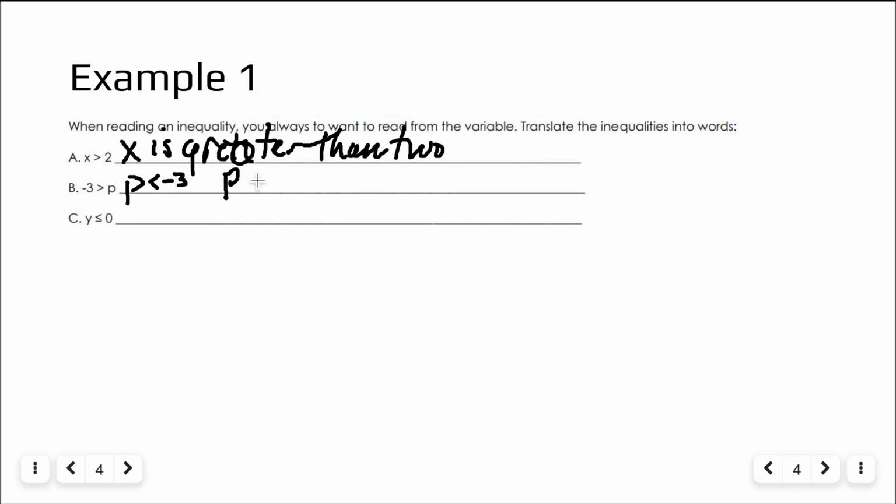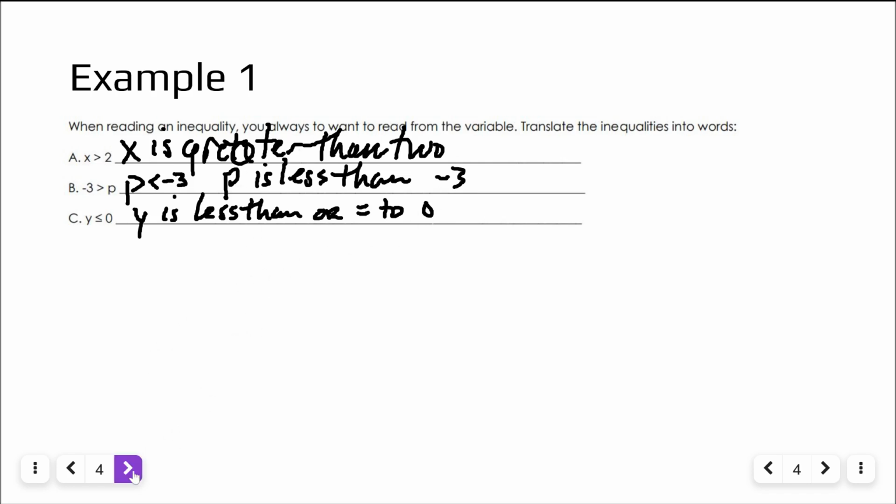And now this says p is less than negative 3. And then here we have y is less than or equal to 0. So again, you want to have your variable on the left. It's easier to read it that way, and it helps you to be able to graph it also.